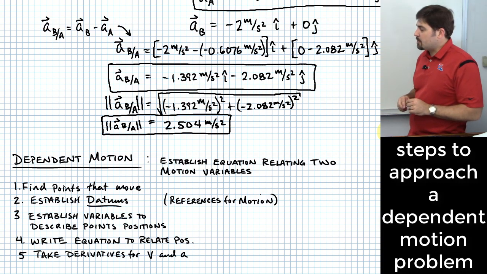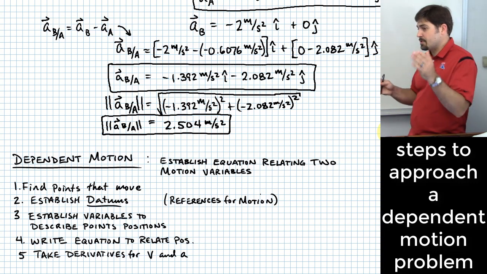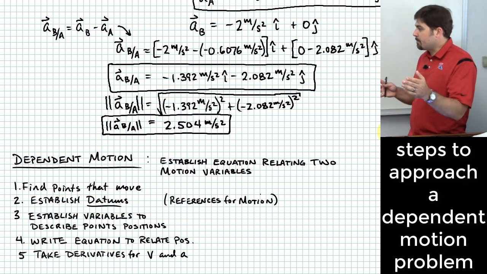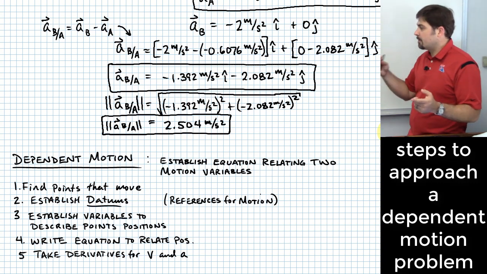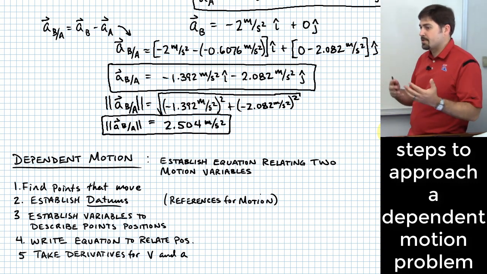The next thing you have to do is write the actual equation or equations to relate the positions. And then lastly, once you have that equation for position of one piece versus another, you can take time derivatives in order to find relative velocities or accelerations, or you can find the velocity or acceleration of one body in terms of the other.